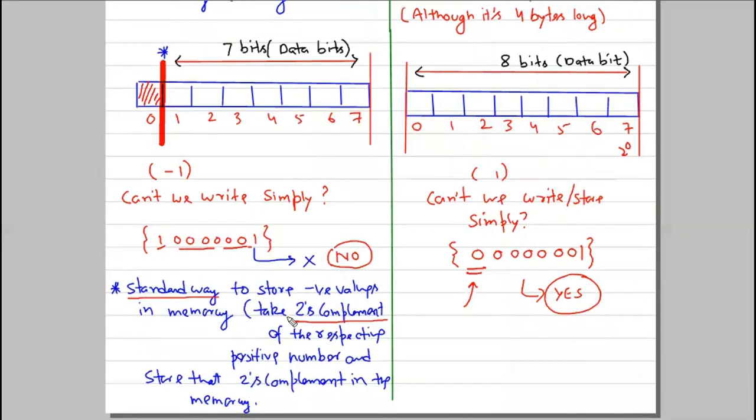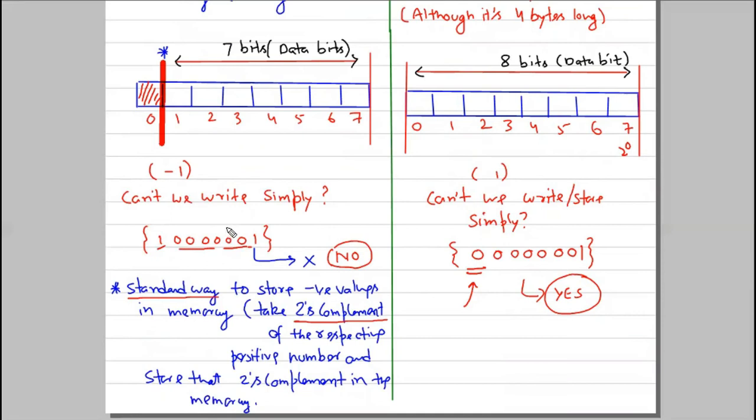So let's understand why we cannot store it like this, even though I have been telling you that 1 will be considered as a negative number. Definitely it is true. If there is a 1, then the computer would consider this number as a negative number.